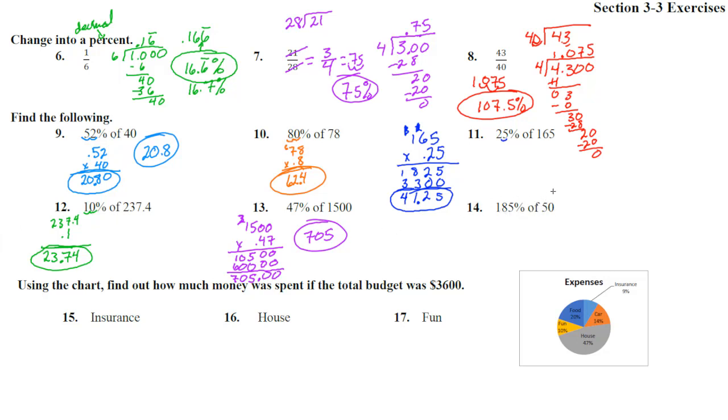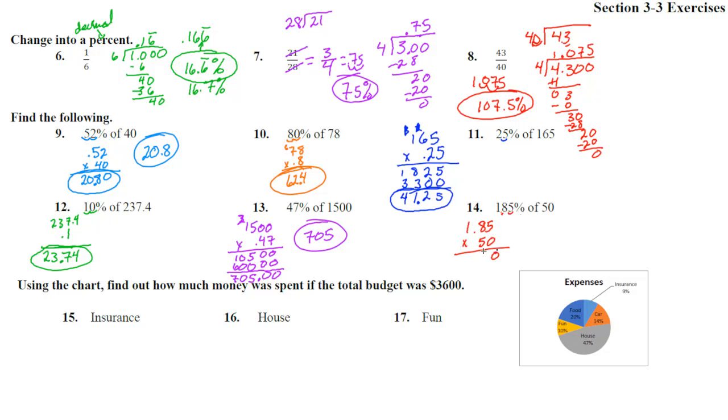185%. Oh, so we're going to be over 50. So this is 1.85 times 50. Okay, so again, you go 1, 2, so it's 1.85. All of these other percents, we came to the beginning of the number, but this one we can't. It's only 2 decimal places, so it's not 0.185, it's 1.85 times 50.